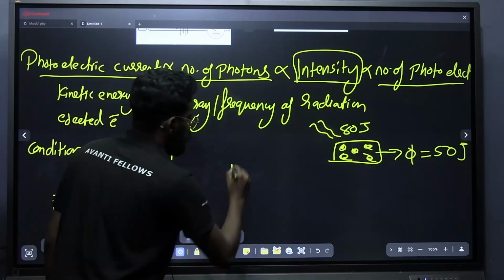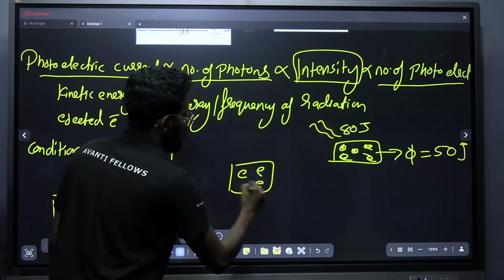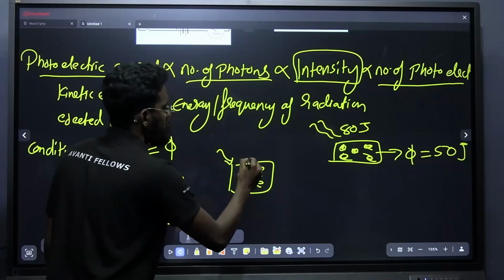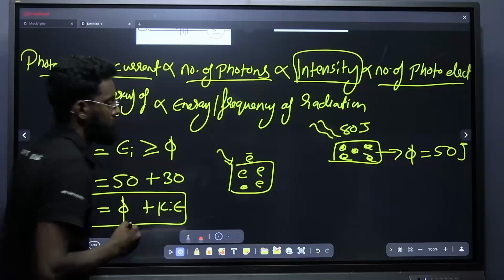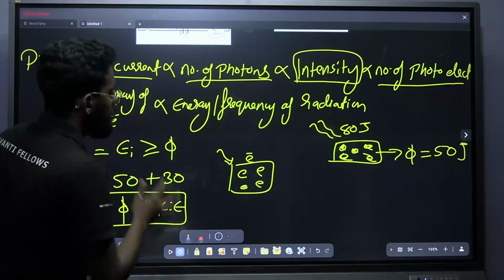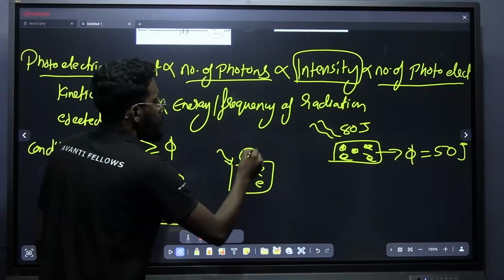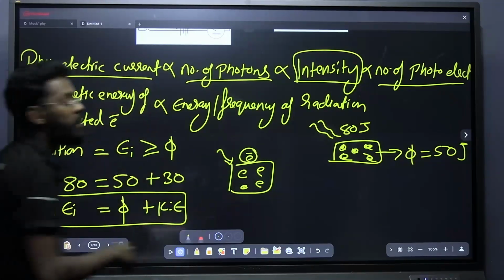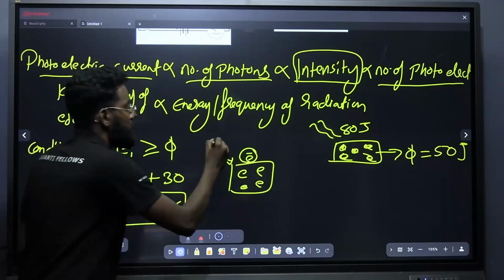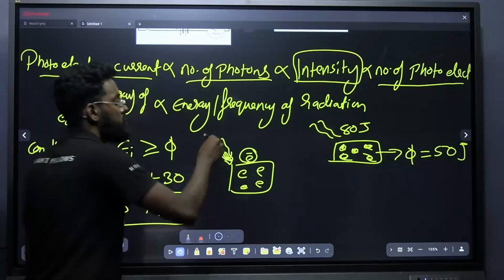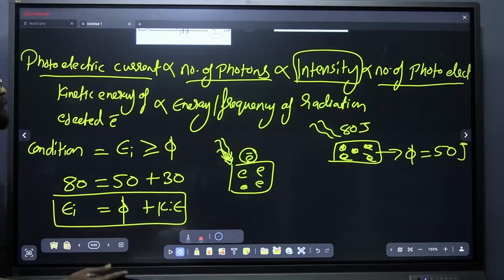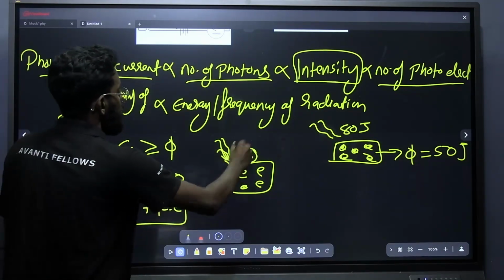Now an electron got energy just to come out from the surface. That is, the electron got energy equal to the threshold energy, and this electron will move with a kinetic energy if I supply some additional energy or frequency to the radiation, and that will lead to the kinetic energy.